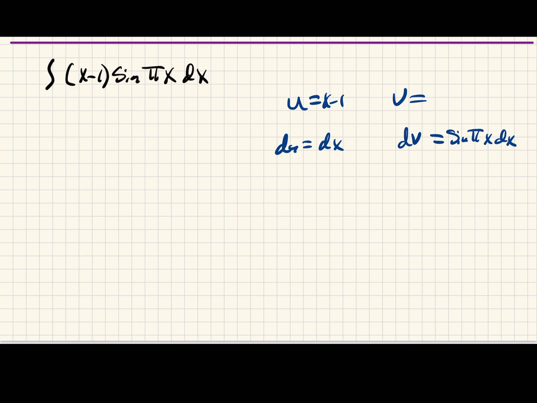Oh, close, except no. Almost. It would be cosine over pi. Yeah, but there's a negative. There's a negative in there too, right? Very good. So minus 1 over pi cosine pi x. That's what it would be.